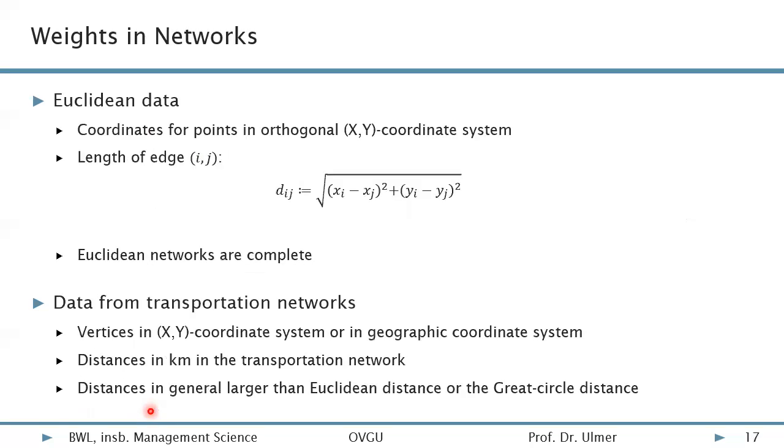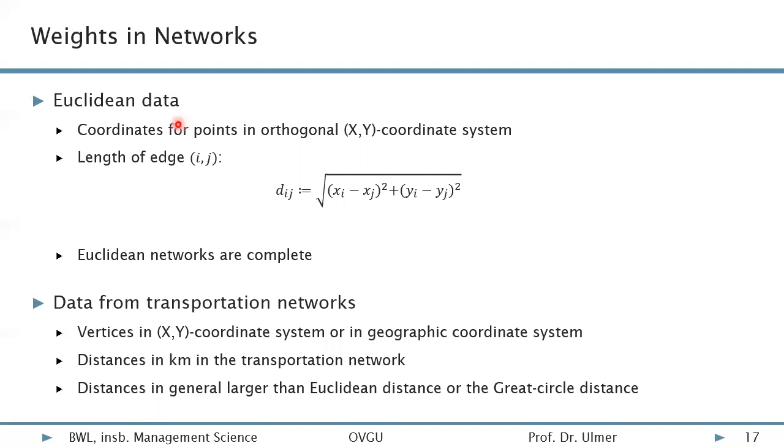First is Euclidean distances. These are the easiest ones to calculate, but they do not appear that often in reality. So assume we have maybe ships on an ocean, or we have airplanes, or we have drones in the city. They do not need to consider any obstacles, but can travel directly as the crow flies.